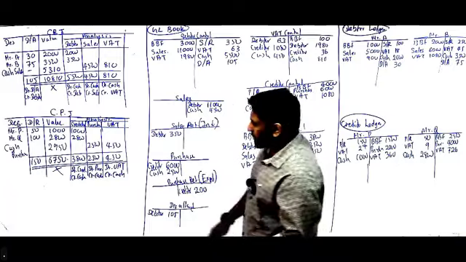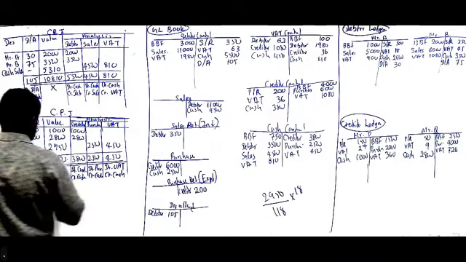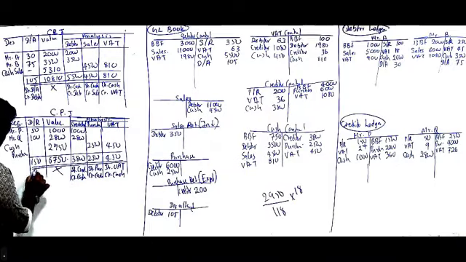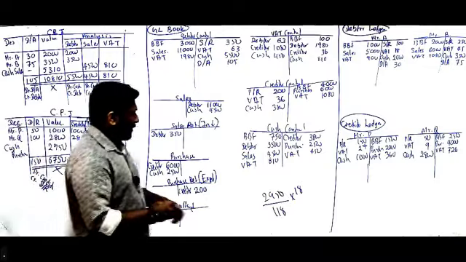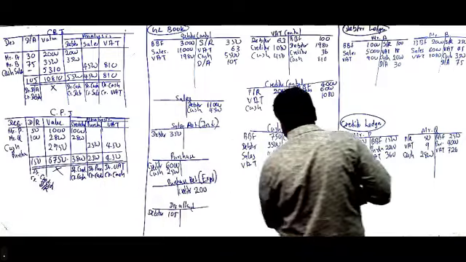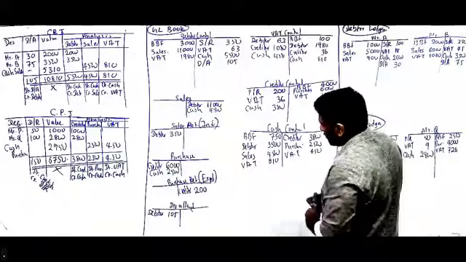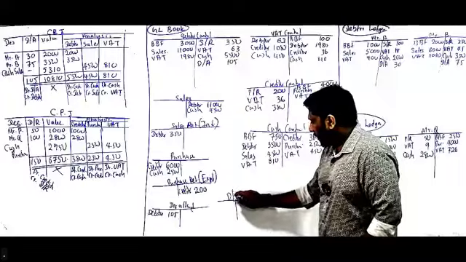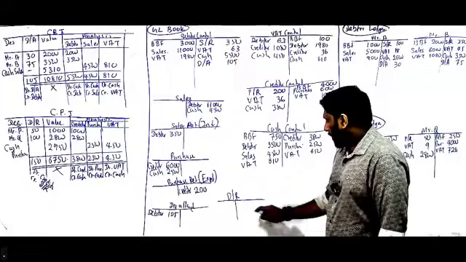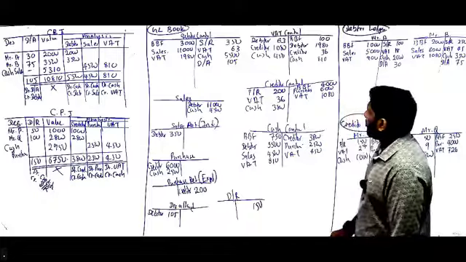Final one, discount received. Tell me the double entry for discount received. Debit the creditor, credit the discount received. Discount received 150 credit.